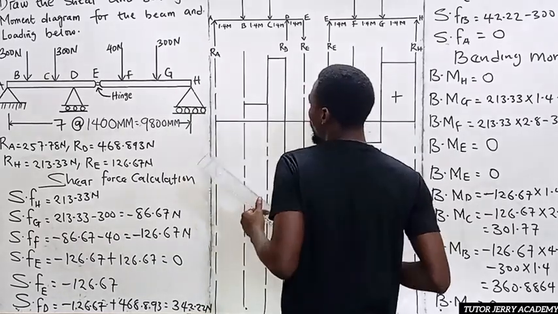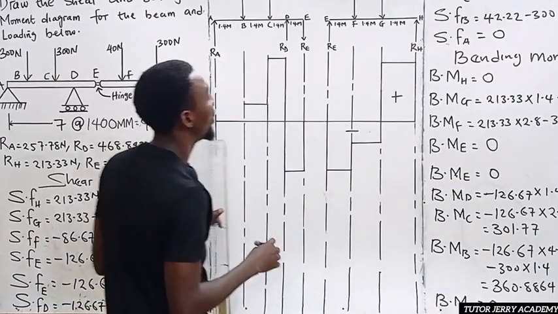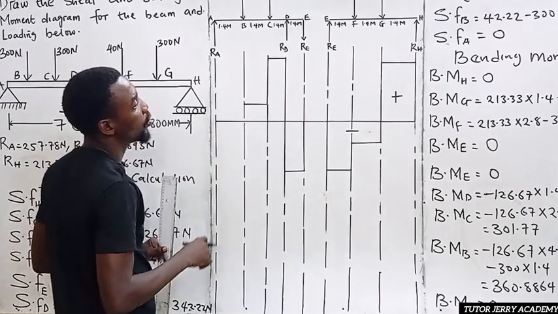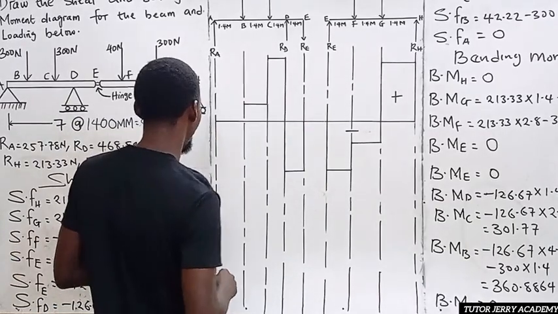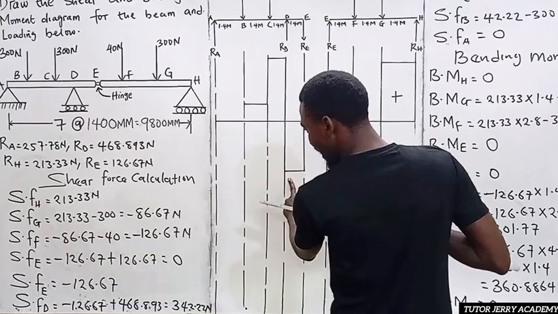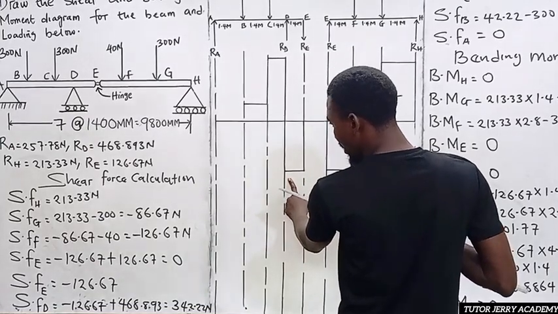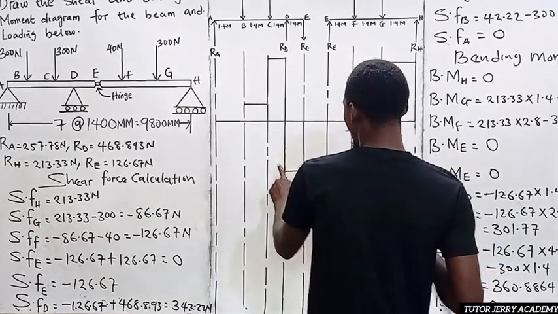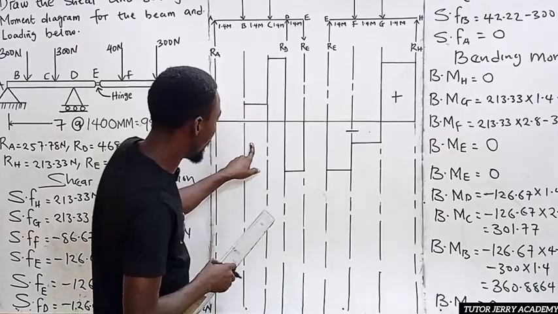All right. So, and the shear force at point B is what? Negative 257.78. All right. This one that we have here, it was a negative what? It was negative 126. So this other one will be going more.